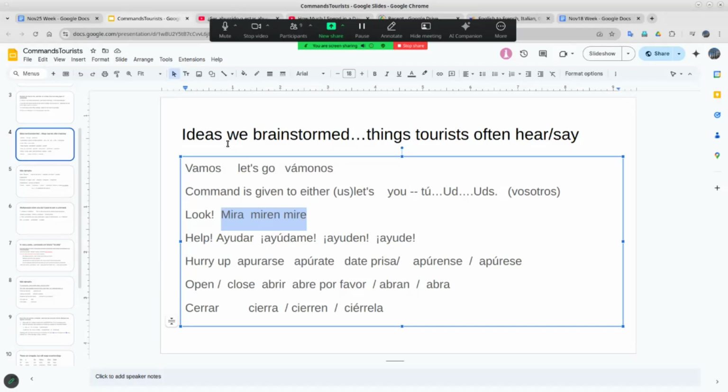We just drop the S off the tú form. Mira. But usted and ustedes take the opposite vowel, and ustedes will have the N at the end. So mirar is an AR verb, and it'll be miren, hey you guys, look, or mire, hey, look.